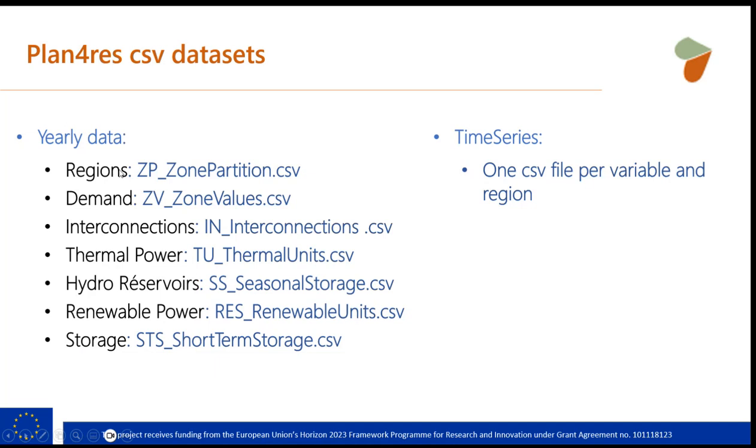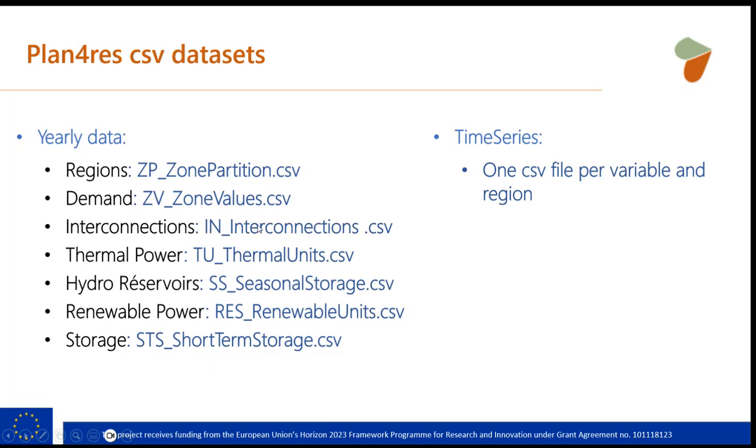The first one, zone partition, defines the different regions. Zone values gives all the demand values, but also all the other coupling constraints if you are using them, like system services. And it can also be used to define some costs for unfeasibilities.